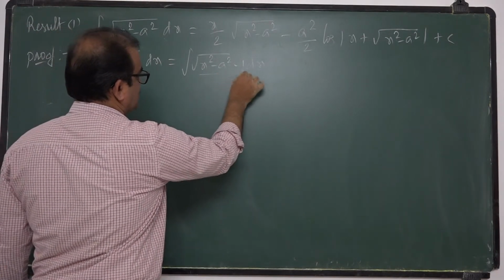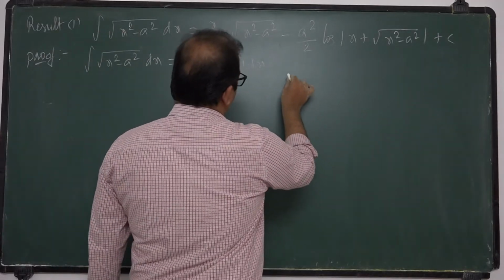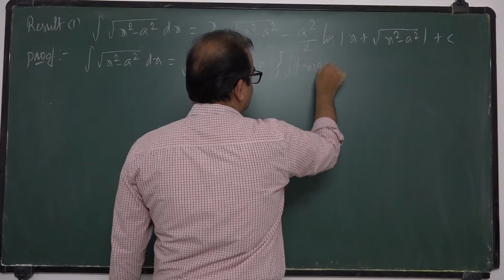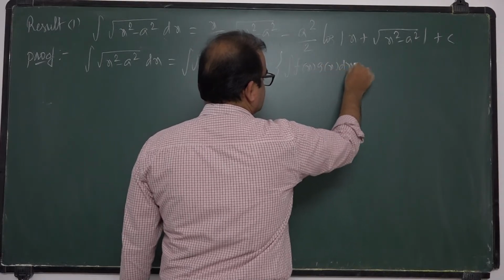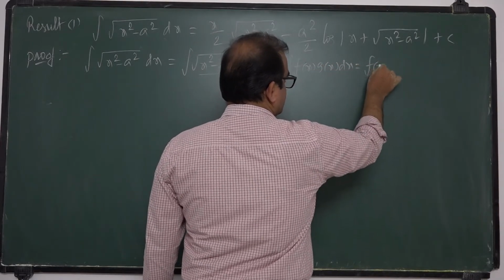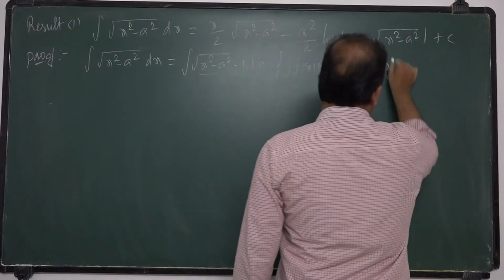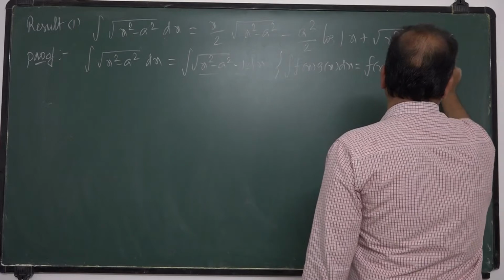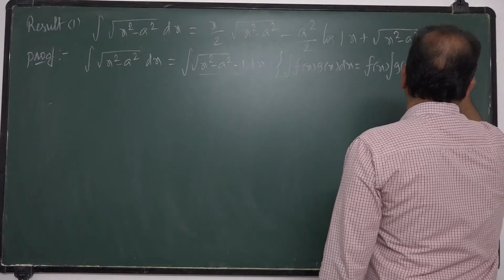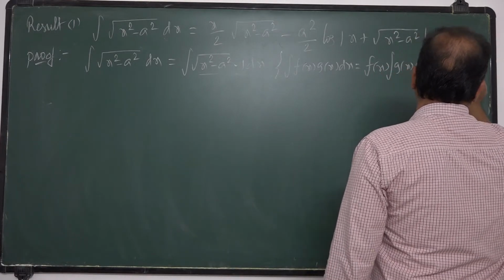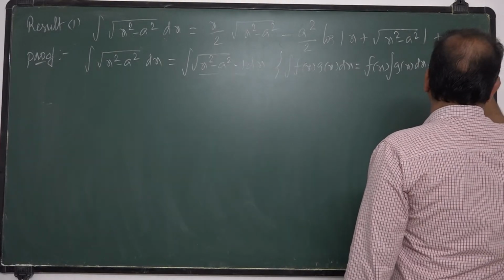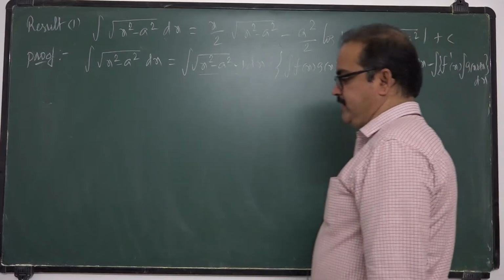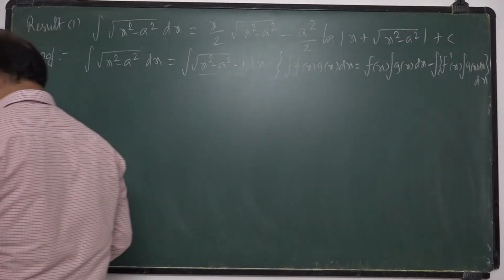We know integral of f of x into g of x into dx, from integration by parts, is f of x into integral g of x dx minus integral of f dash x into integral g of x dx, whole dx. We apply that formula.